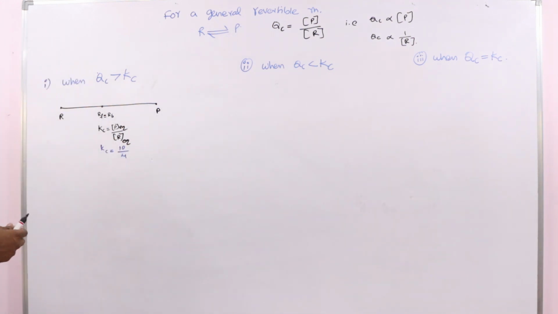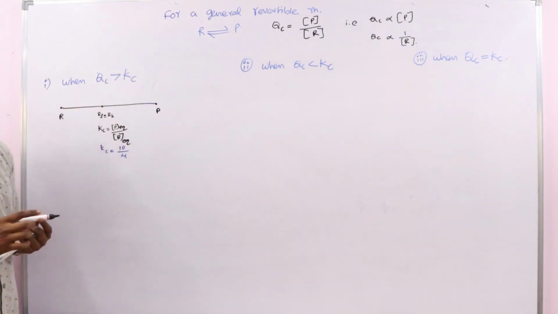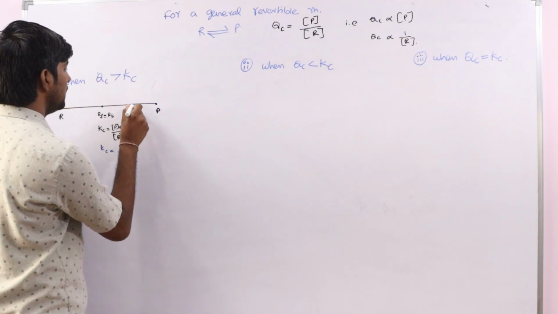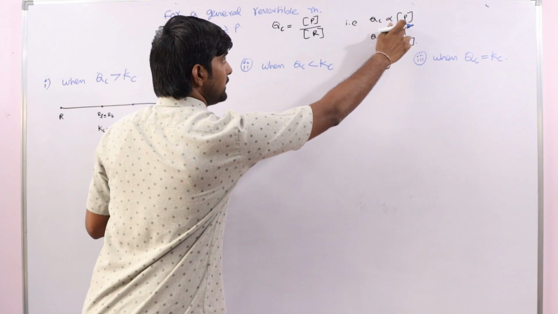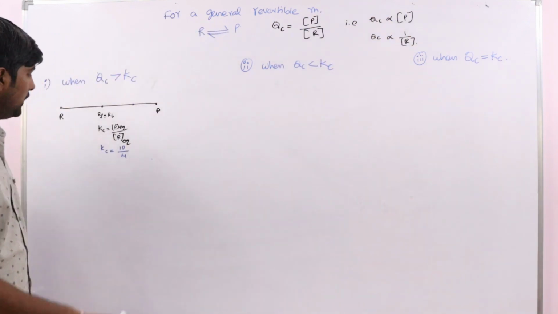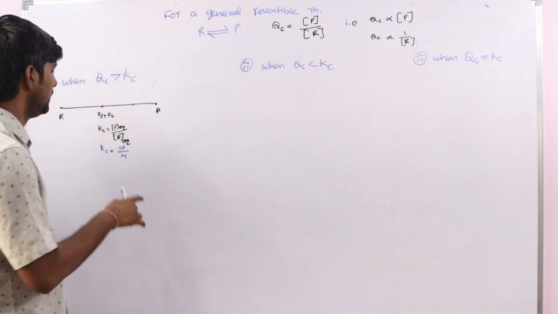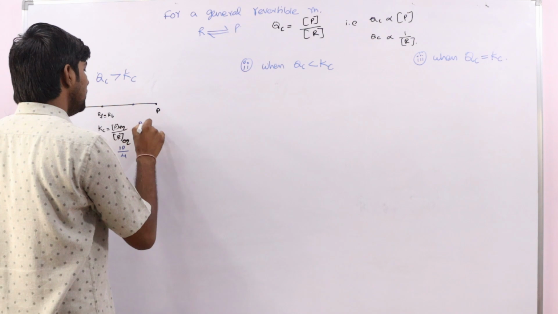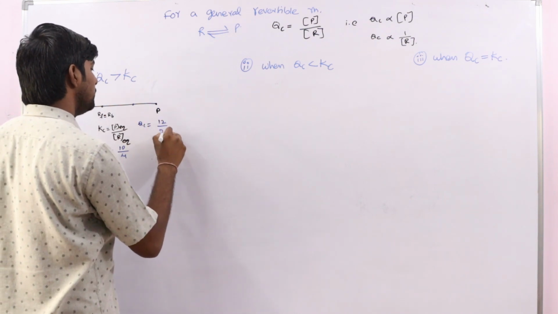Now Qc is greater than Kc, which means Qc is present somewhere here, because if product concentration is more, the Q value is more. In Kc, product concentration is 10 units and reactant is 4 units. Suppose here Qc equals 12 by 2.